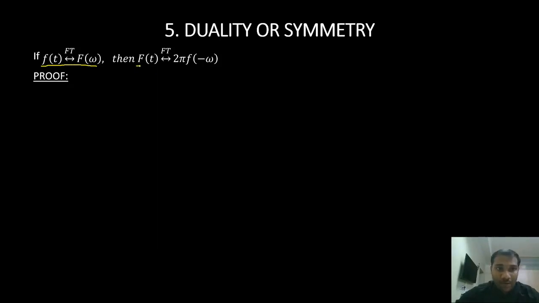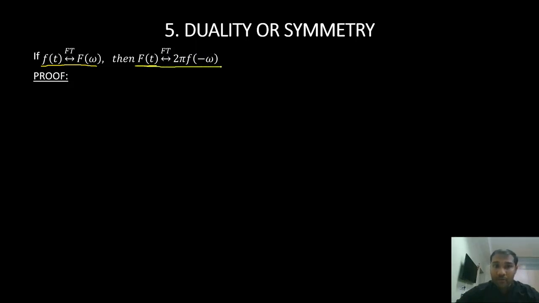Here capital F of t is nothing but my frequency domain signal if I just replace omega with t, and I'm going to consider that signal as my time domain signal. For such a signal, the Fourier transform will be 2 pi times my original time domain signal f of t, where in place of t, I'll replace it with minus omega.